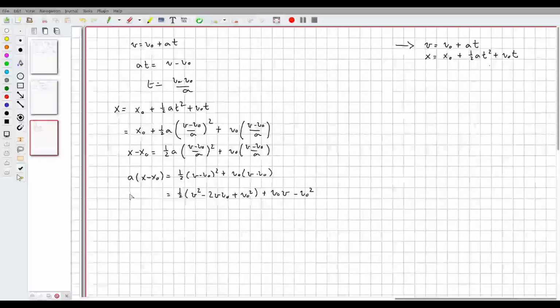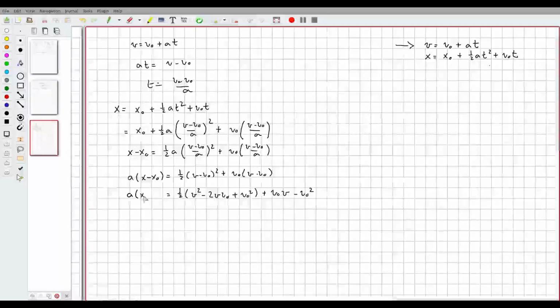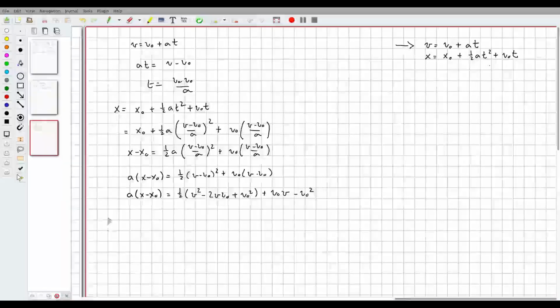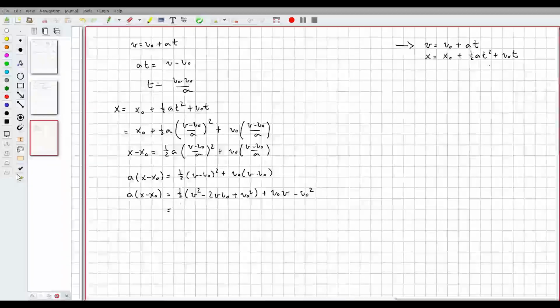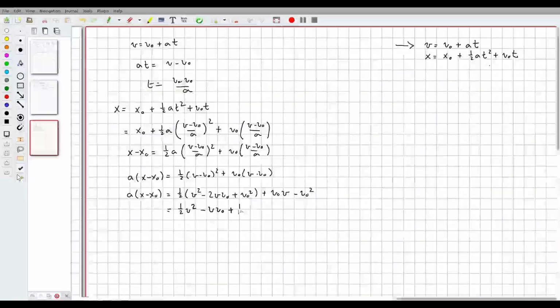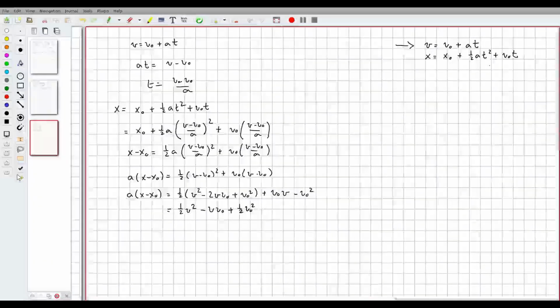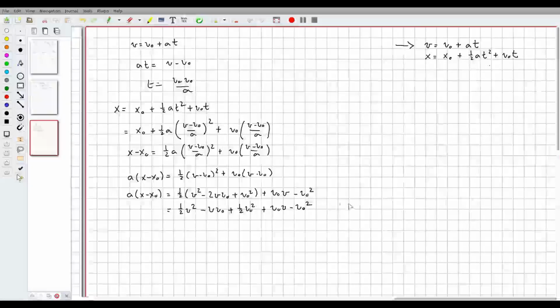Now, left-hand side, A times X minus X naught. That hasn't changed. Okay, so now if you take a look here and multiply this 1/2 through on the right-hand side, you have a 1/2 V squared minus V naught V plus 1/2 V naught squared plus V naught V minus V naught squared. Now, watch what happens.